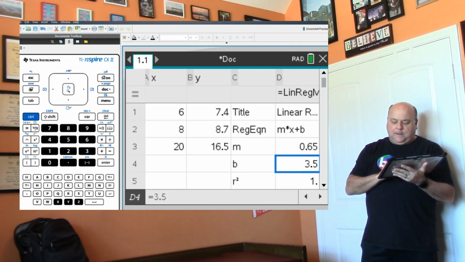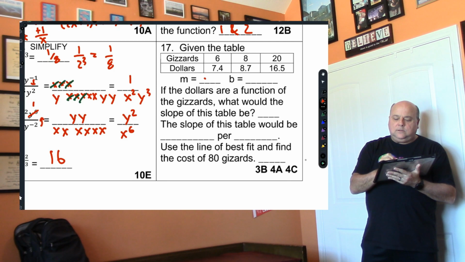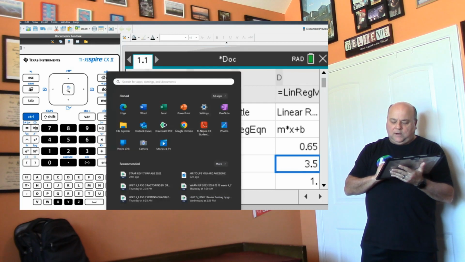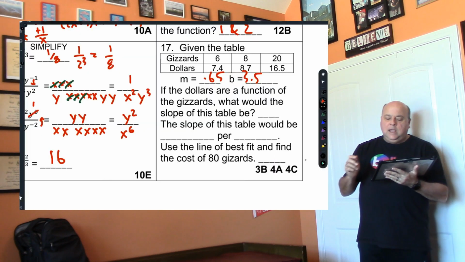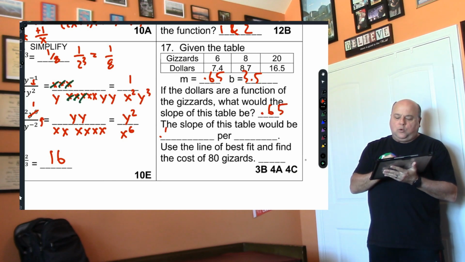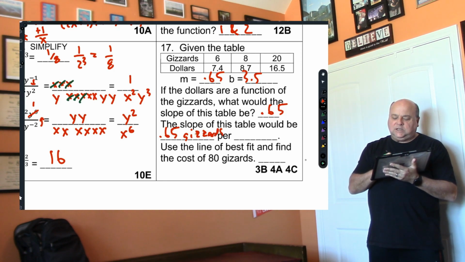So I'm going to go to my paper, 0.65 and 3.5. Now then, what would the slope be? It's 0.65, which is dollars per gizzard.